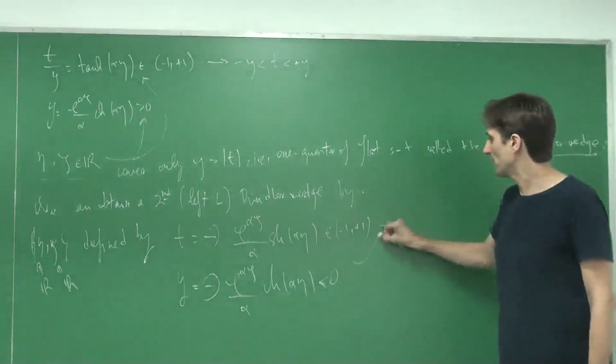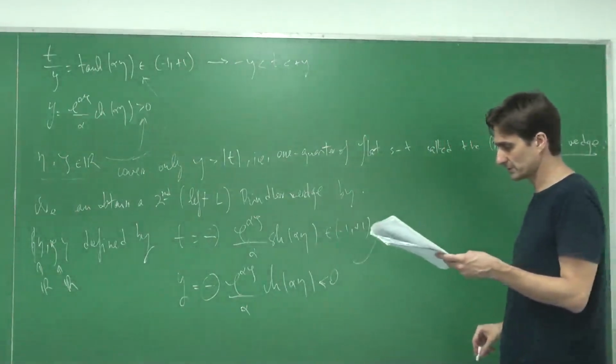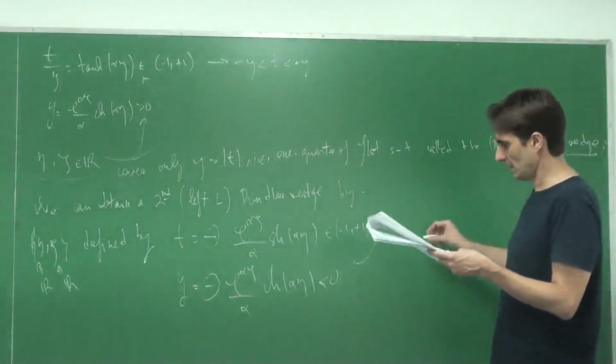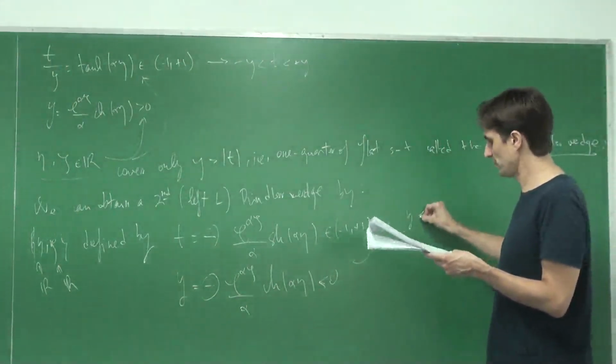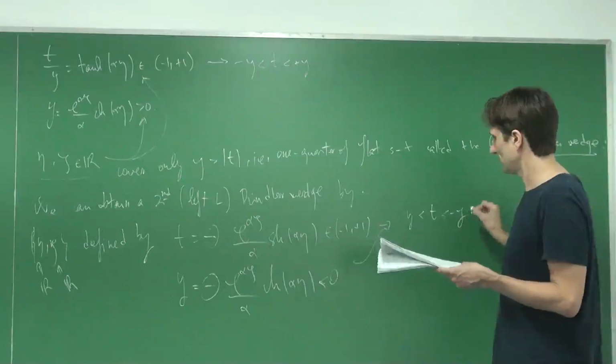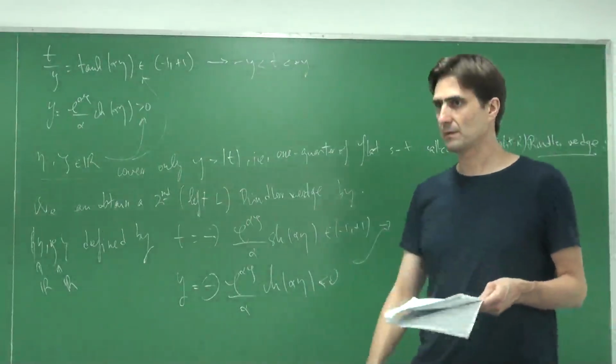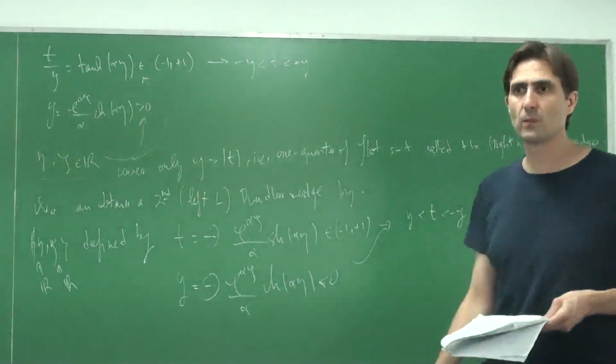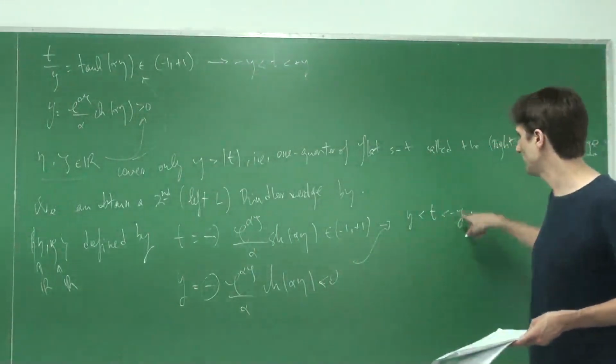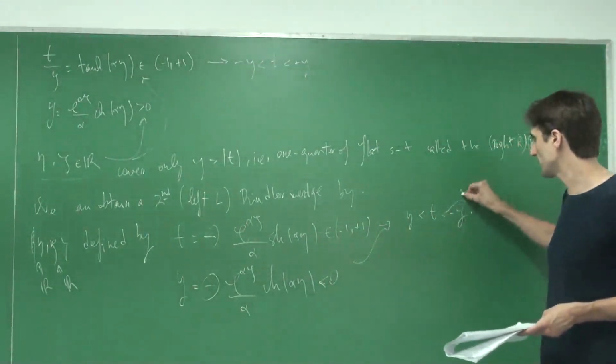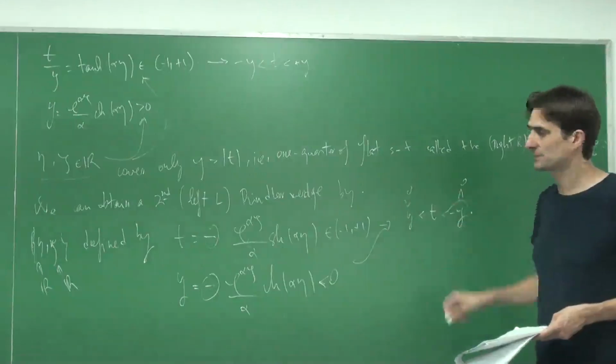So we've got another Rindler wedge. So that's t between y and -y. Now y is negative, so obviously this is positive and this is negative.